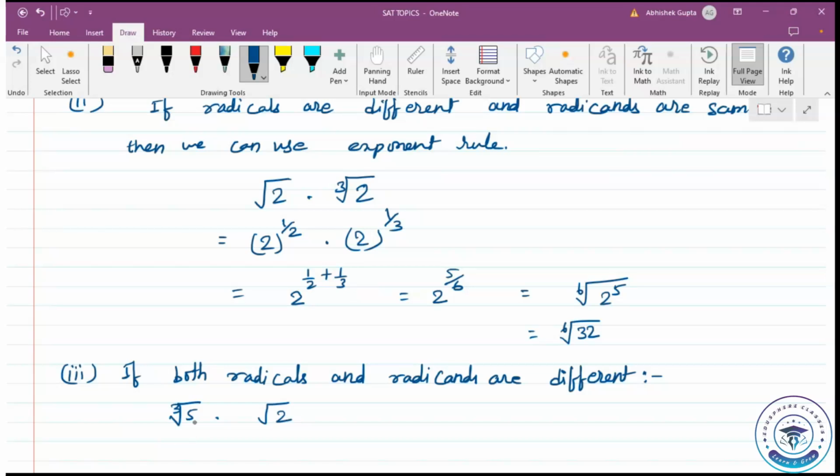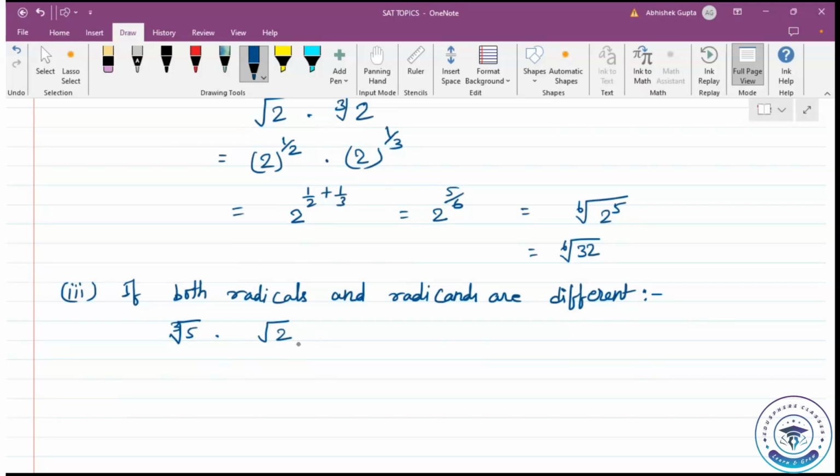Neither can we simplify this in radical form, nor evaluate it in this form. So we can say it can't be simplified in this form.